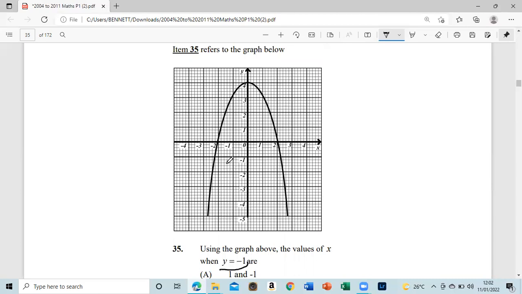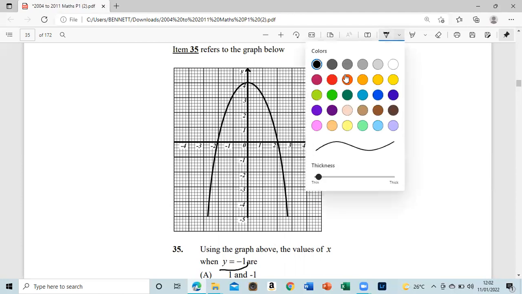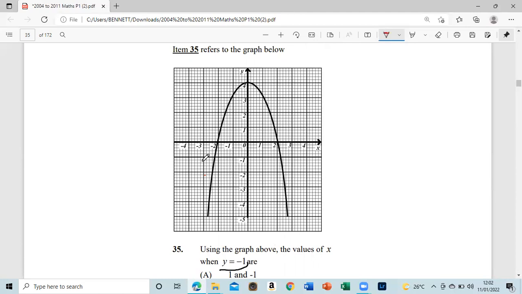So this is defined when y is negative 1, which is this line right here. Let me get a different color to highlight it. So what we're looking for is right here and right here. I go with 2.2, all right?